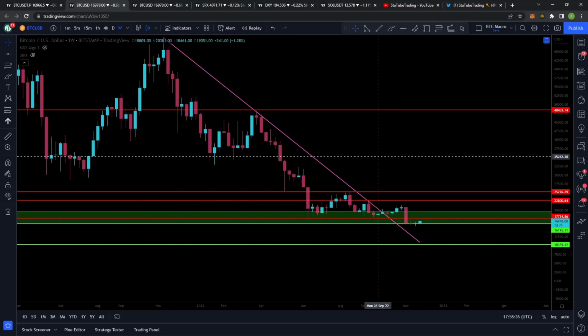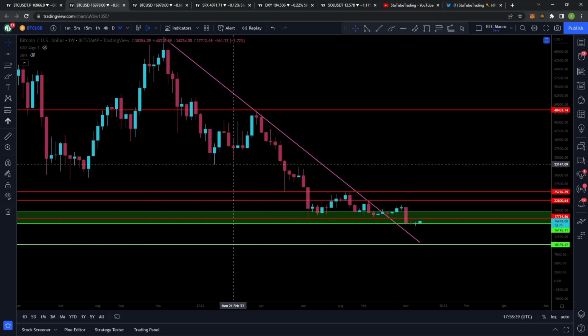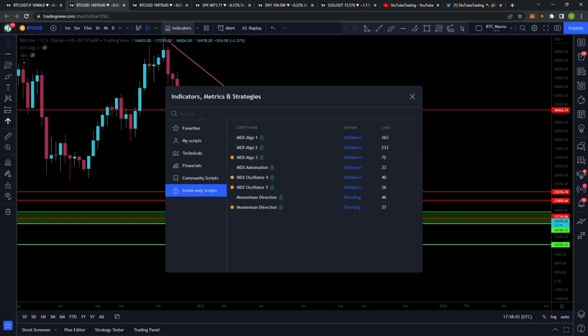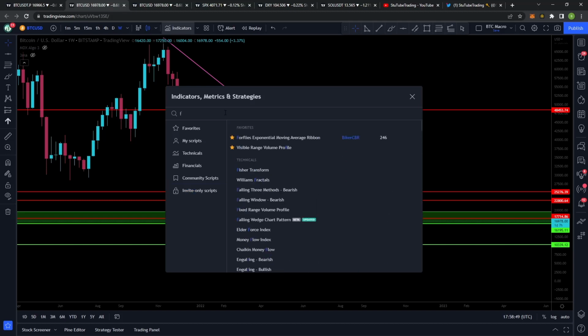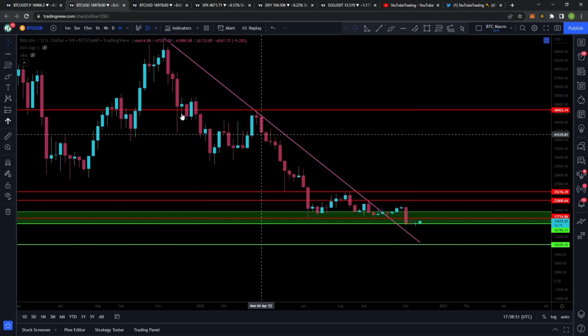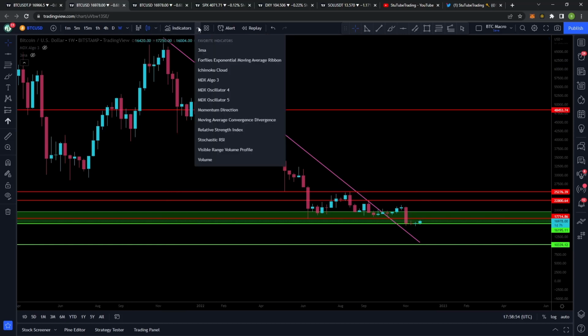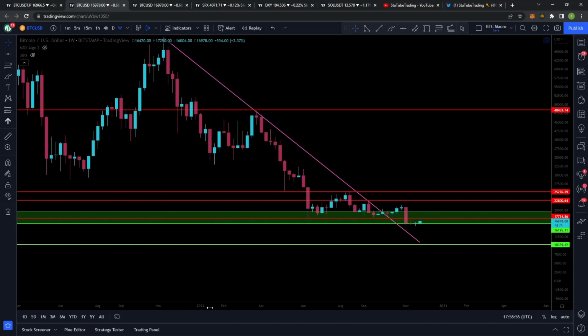Stick a fixed range volume profile on the weekly, like indicators. I don't even know where to find that. I always keep my charts so clean.